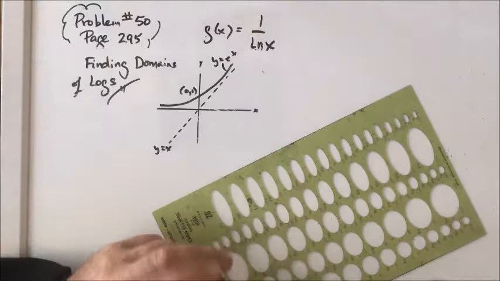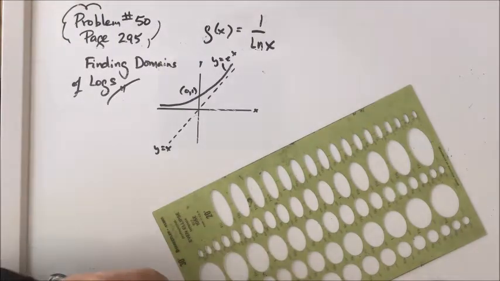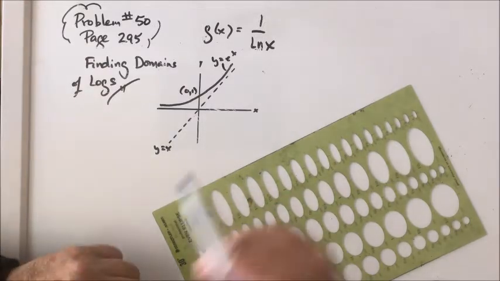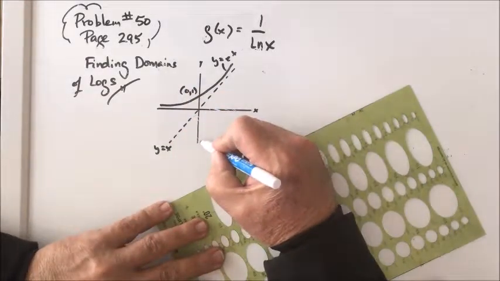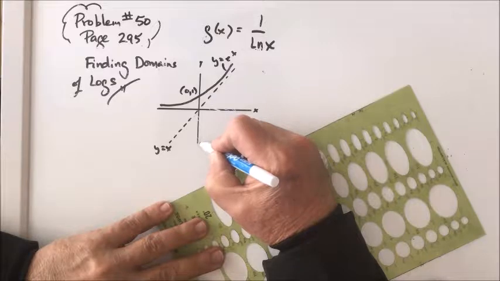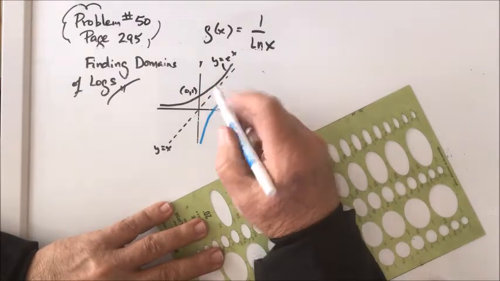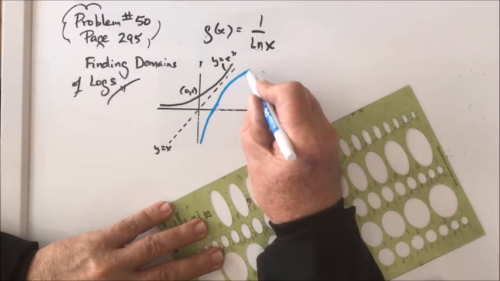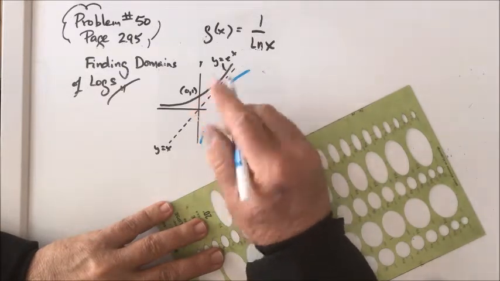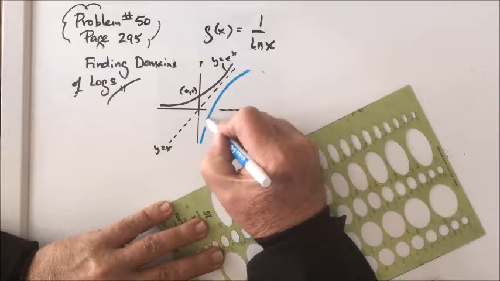Log of x is the inverse to the function y equals e to the x. And as such, their graphs will be symmetric about the line y equals x. I'm struggling here to draw a good version of that.